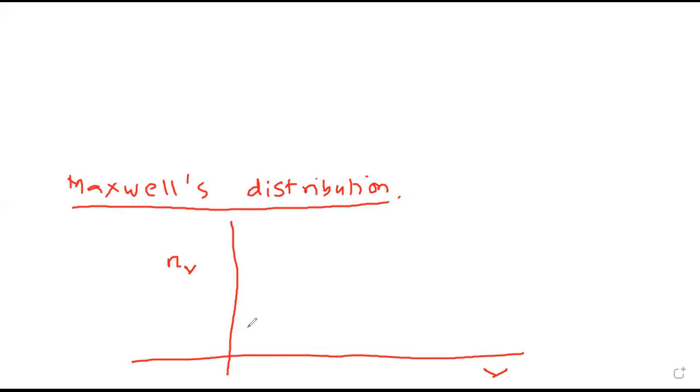It is found that at lower temperature velocity is low. So molecules with very low velocity and very large velocity in the same gas will always be very few. The graph is found to be like this.